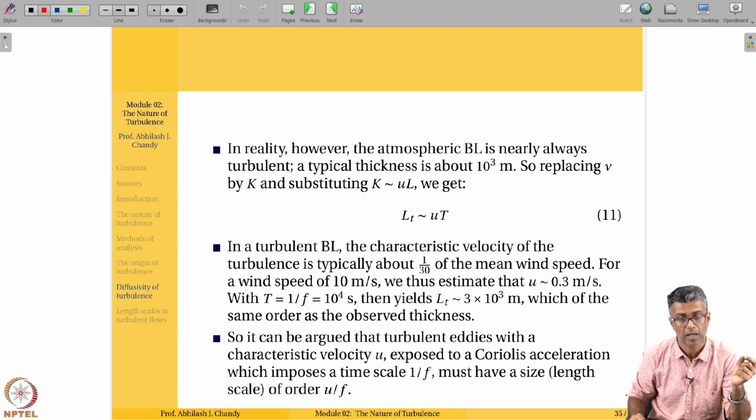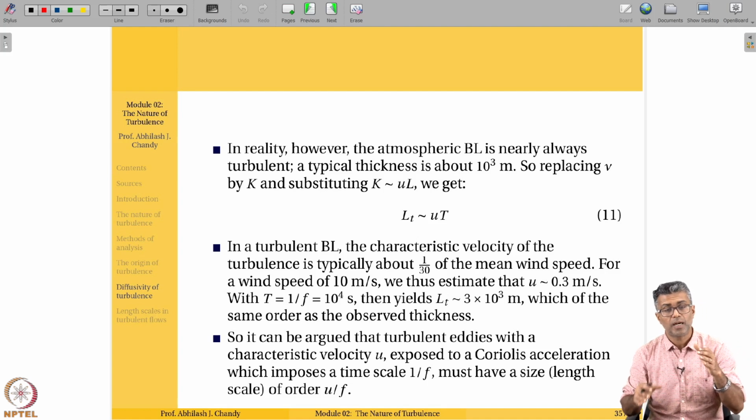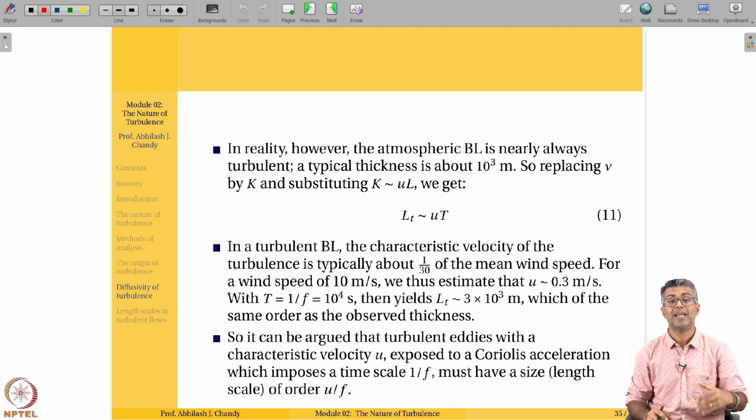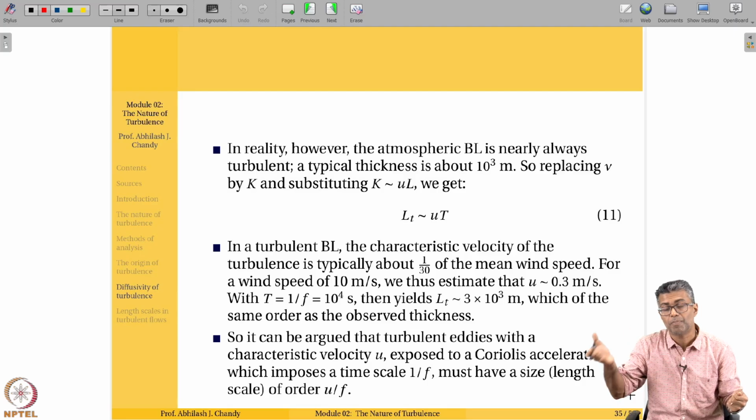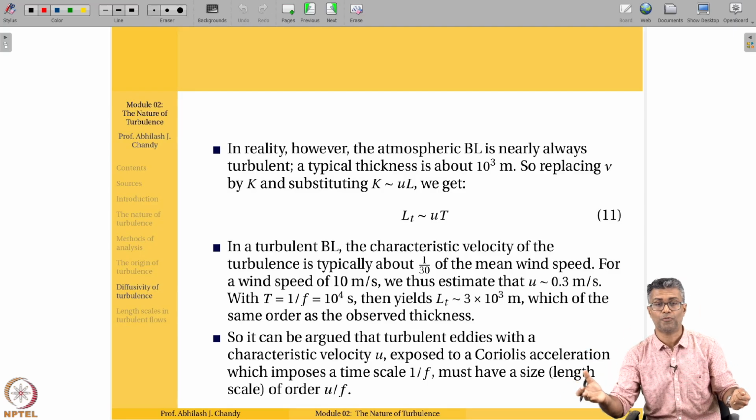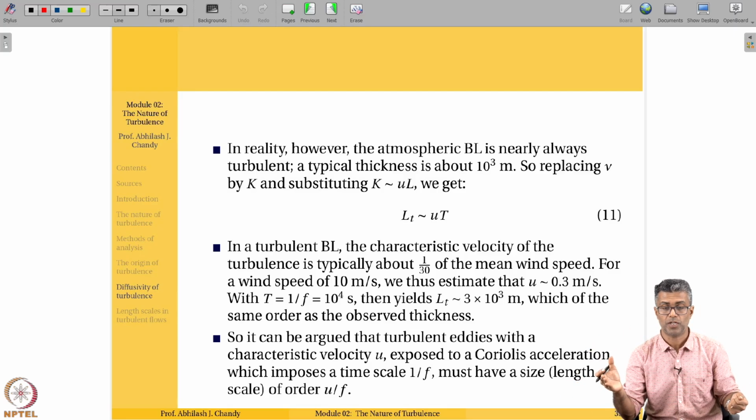Now, if you remember from our eddy diffusivity analysis in the last class, we assumed that turbulent diffusion is analogous to molecular diffusion, except the kinematic viscosity or the momentum diffusivity is replaced with a turbulent diffusivity or an eddy diffusivity.